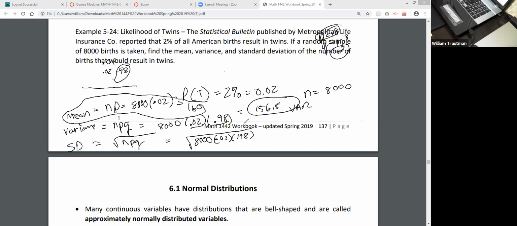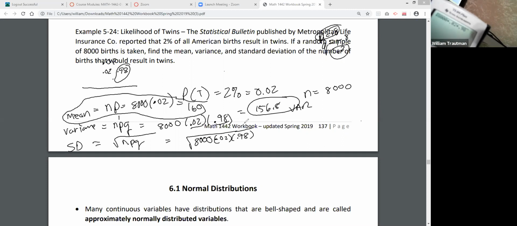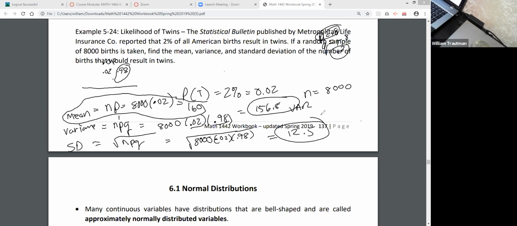And everything has to be kept inside the square root. And when I hit enter, I get 12 point, I'm going to go to one decimal place, 12.5.